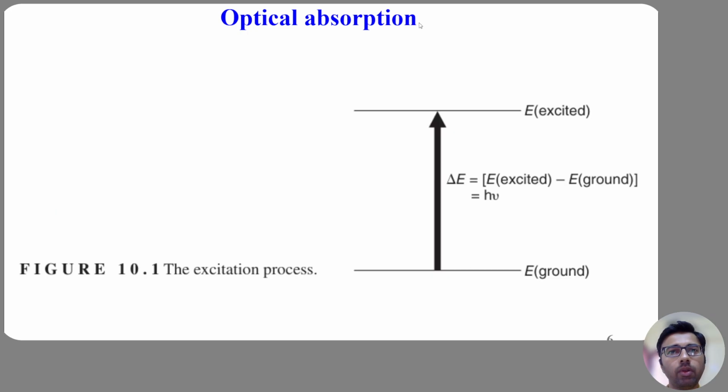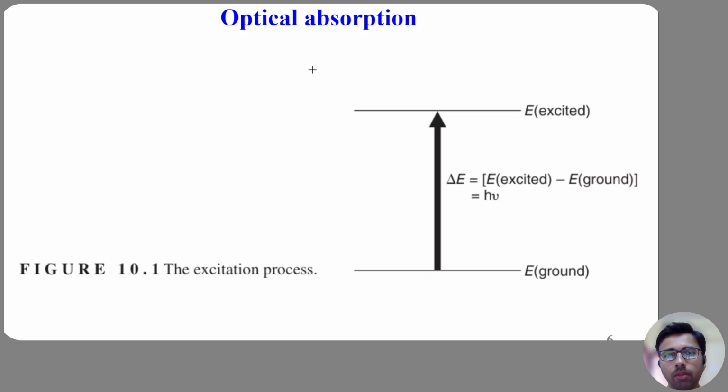Let us visualize this process using an energy level diagram. Imagine a lower horizontal line representing the ground state, that is E ground, and an upper line representing the excited state, that is E excited.